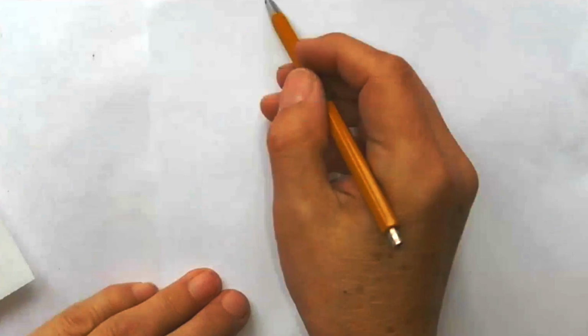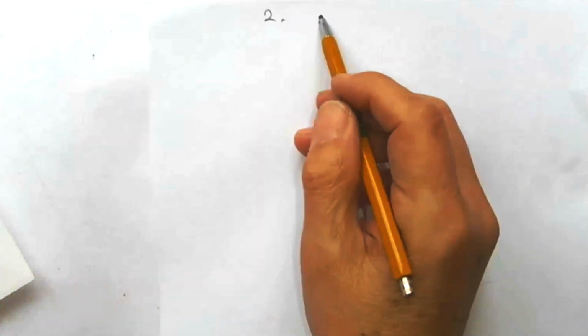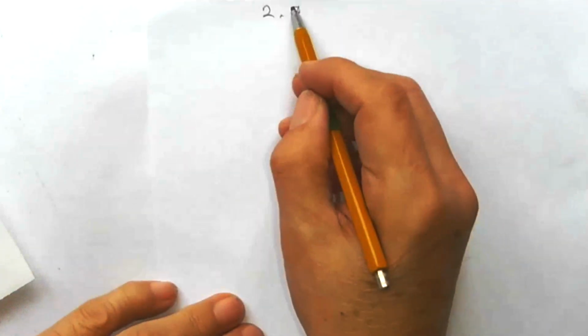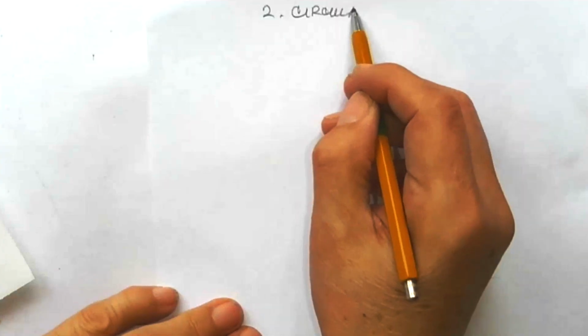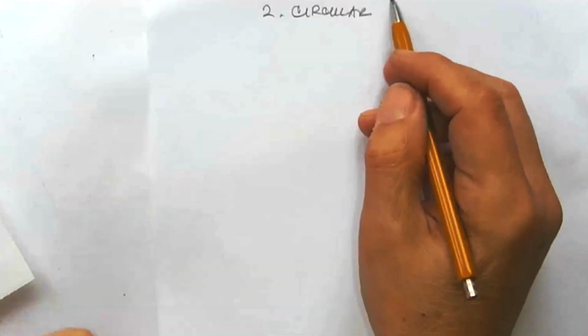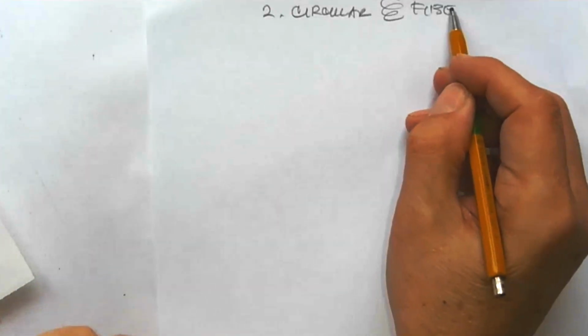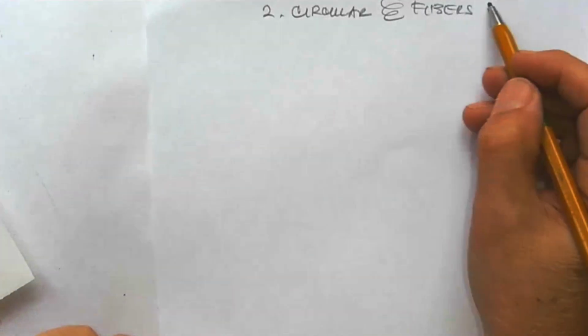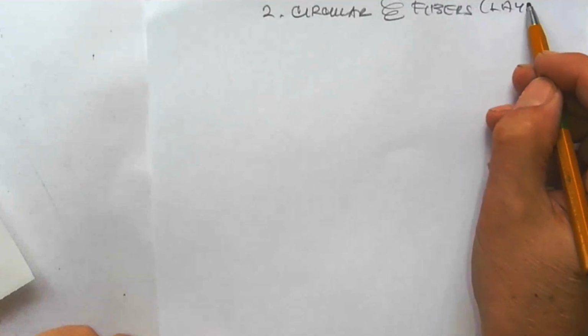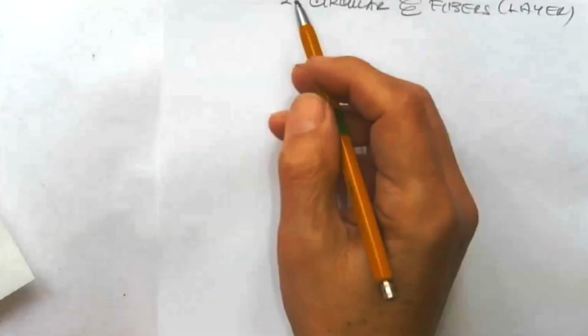It is formed by number one, the inferior pharyngeal constrictor, by number two, the circular fibers, the internal layer. This is the circular layer, as we said.